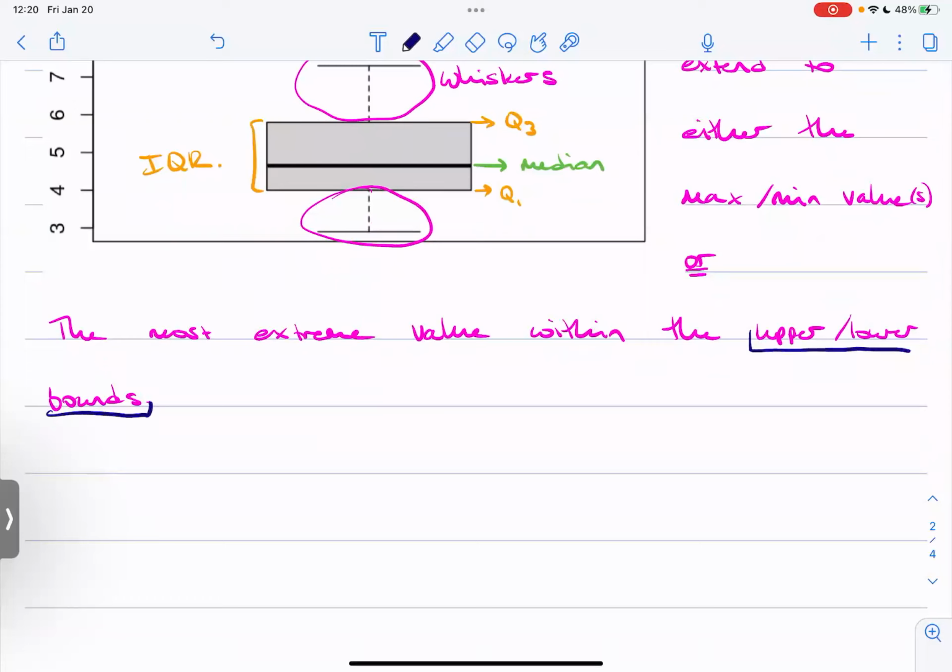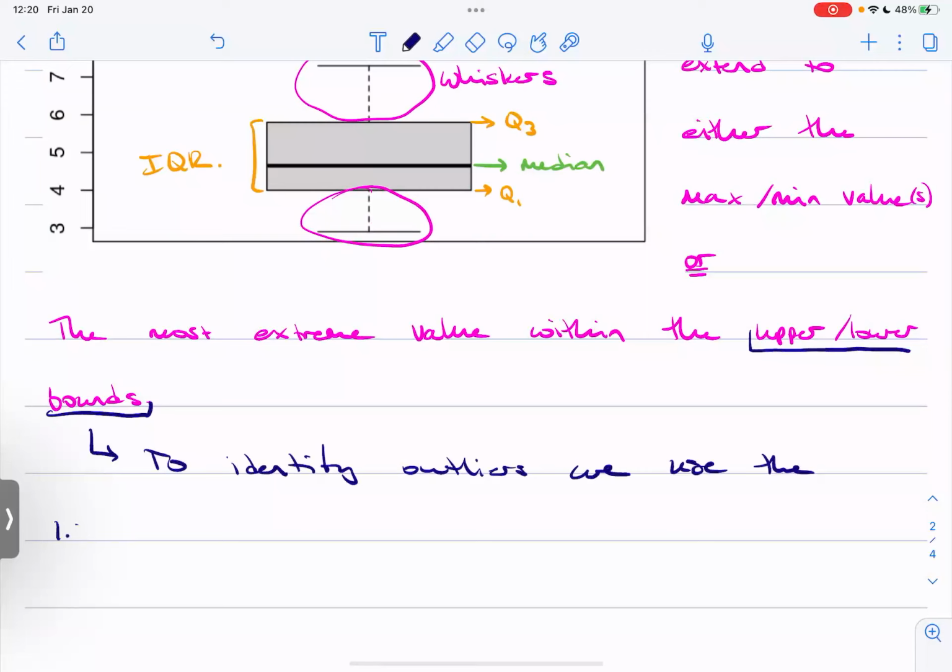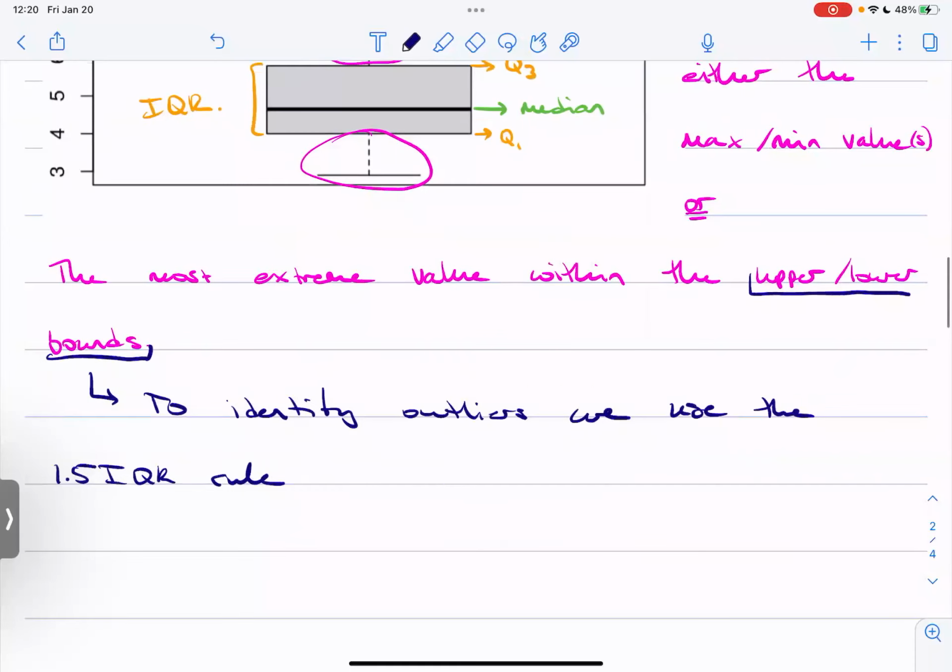So to identify outliers, we use the 1.5 IQR rule, which entails, we need to find some upper and lower bound.